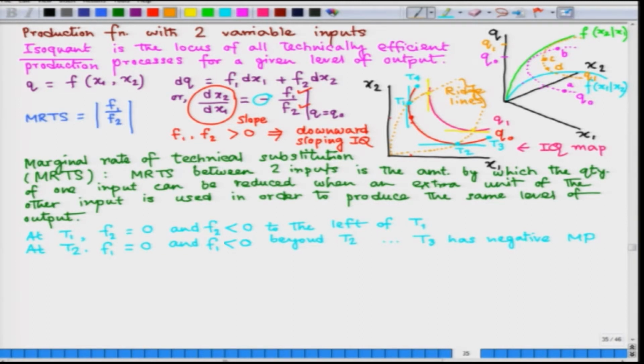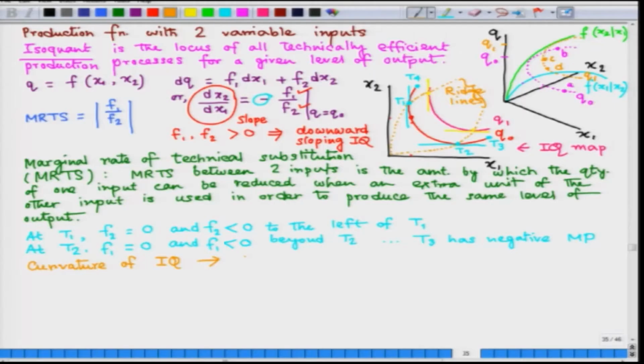And economists are basically interested in the area which is bounded by these two ridge lines. So, in traditional economics we are going to study downward sloping isoquants only. We will not have upward sloping segments of the isoquant, to rule out the negative marginal productivity of any input.